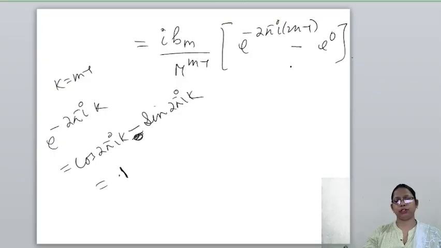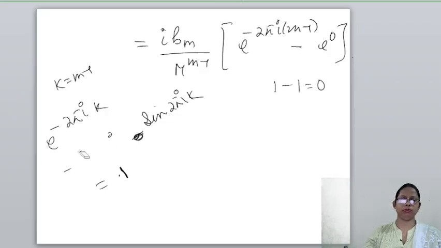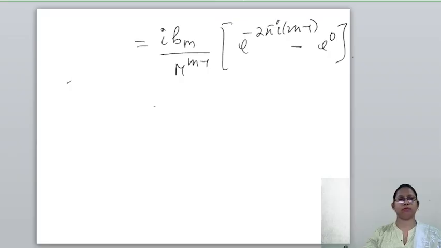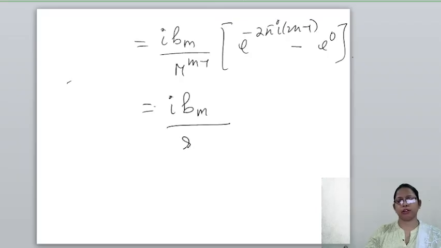So this is 1 minus 1, which is equal to 0. Putting this value in, I get b_m r^(m minus 1) times (1 minus 1), which equals 0.